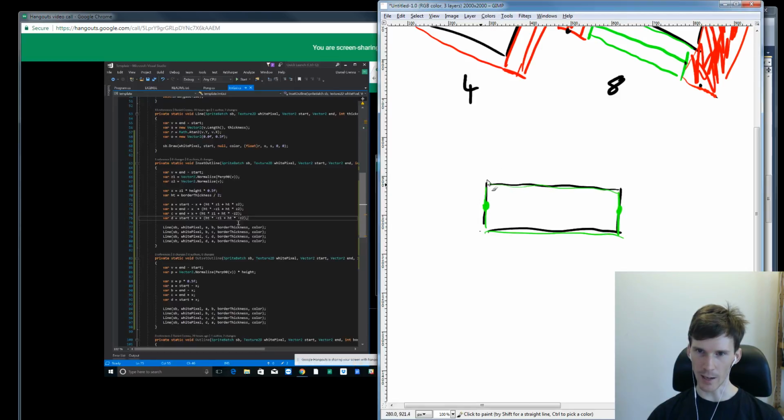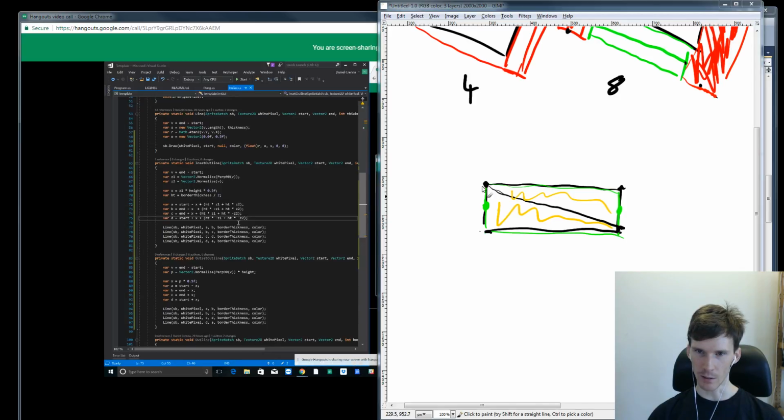Let's draw out the 4 points we need if we were going to triangulate this, and stick a triangle across there, and then we've got 2 triangles that we can render on the GPU, and there's our thick line that doesn't use sprite batch.